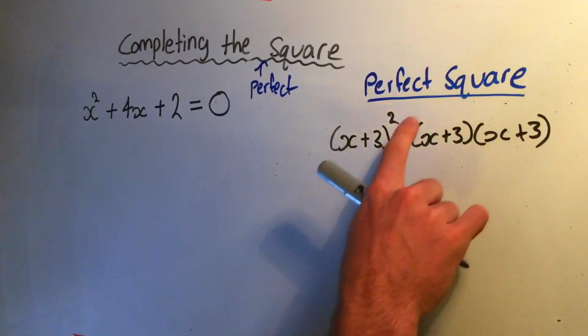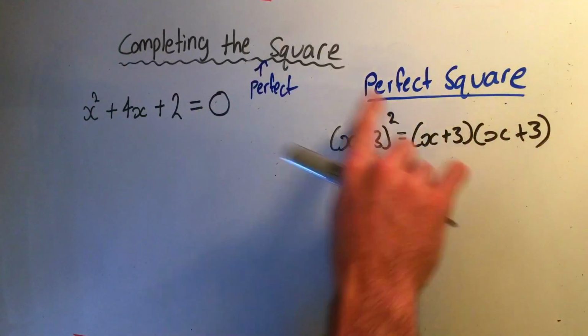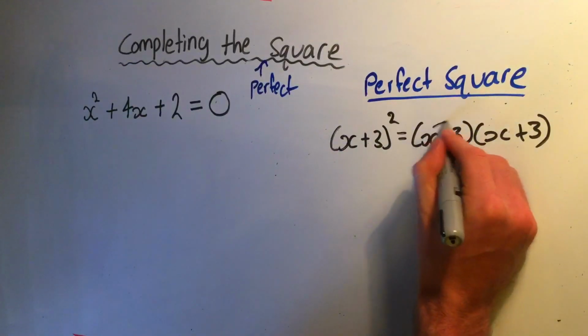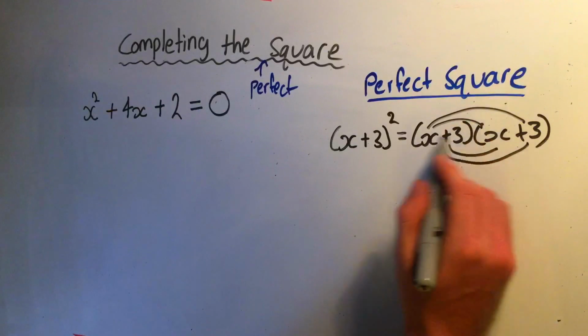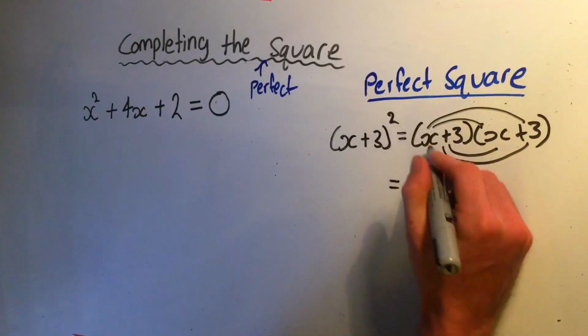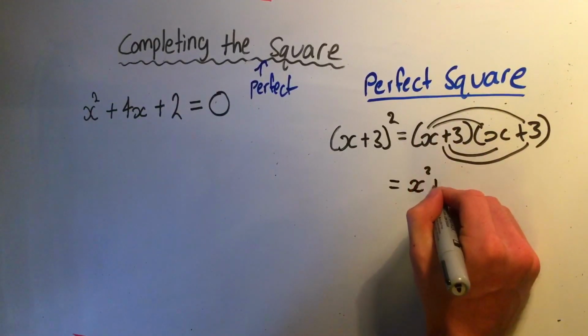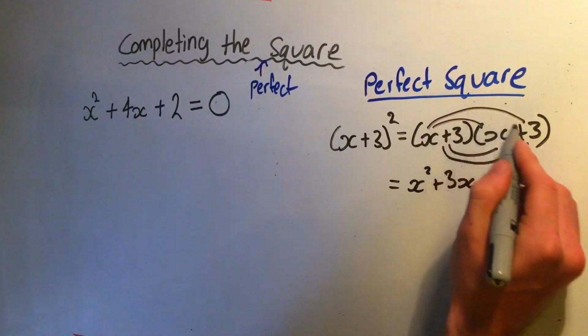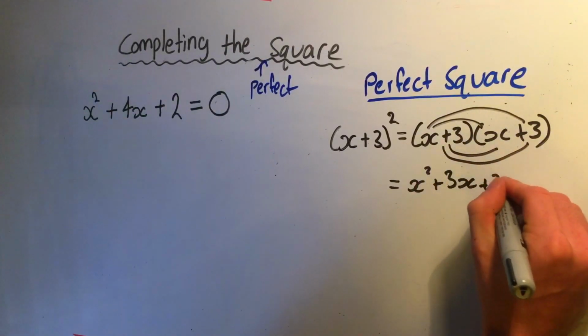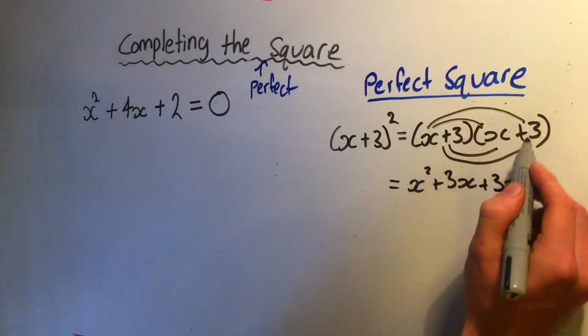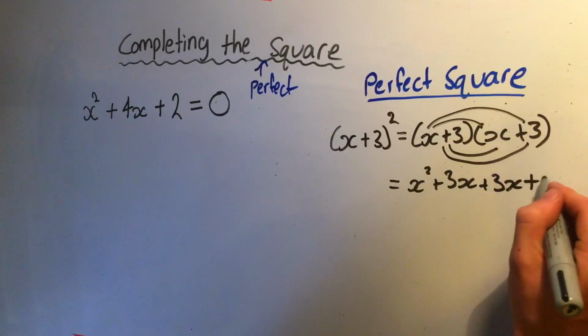And if we did our long expansion and we multiplied everything in these brackets by each other, you would end up getting x squared plus 3x, 3 times x, plus 3x again, plus 3 times 3, which is 9.